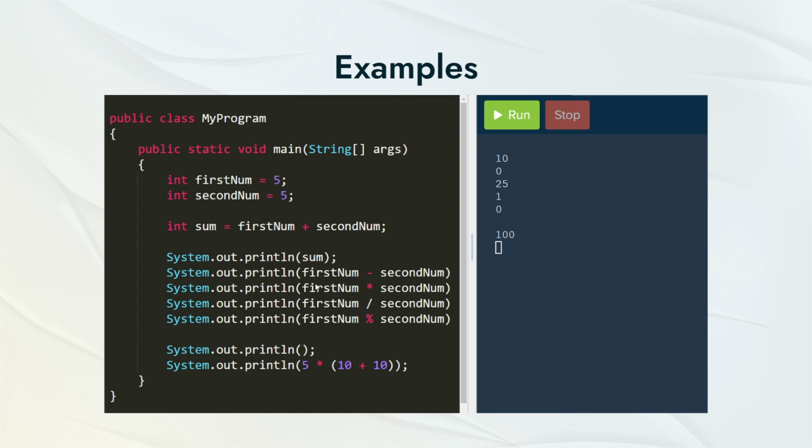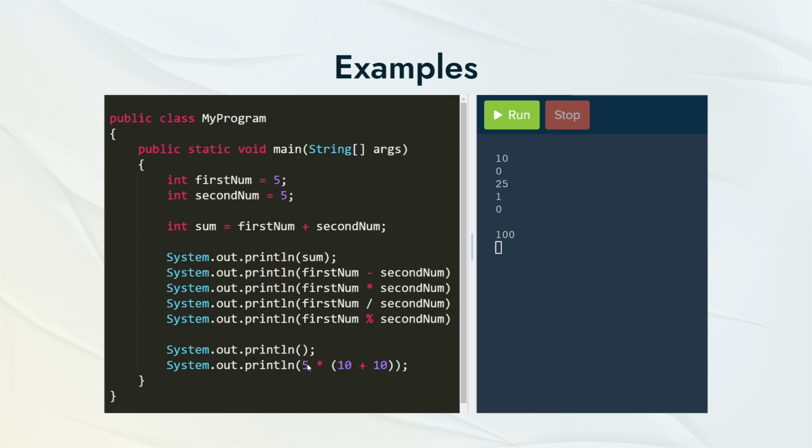Each line ends with a semicolon. firstNum minus secondNum is 0 because 5 minus 5 is 0. firstNum times secondNum is 25 because 5 times 5 is 25. firstNum divided by secondNum is 1 because 5 divided by 5 is 1. And firstNum modulus secondNum is 0 because there is no remainder when you do 5 divided by 5, and the remainder is just 0.